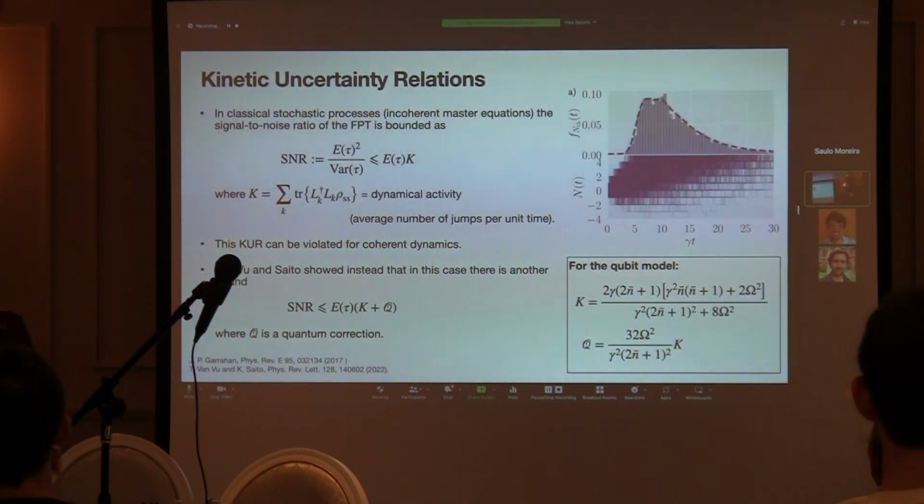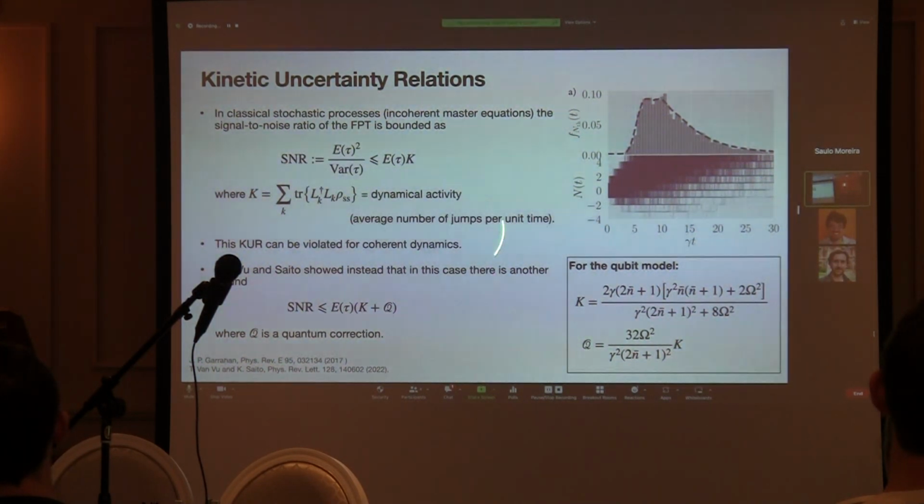One of the things that we can use our model for, to try to gain some insight, is the kinetic uncertainty relations. TiQT just presented TURs and KURs for various observables, which appear in full counting statistics. There's also variations of these bounds for first passage times. In 2017, Garahan showed that the signal-to-noise ratio of the first passage time, so the average first passage time divided by its variance, is bounded by the dynamical activity in the steady state.